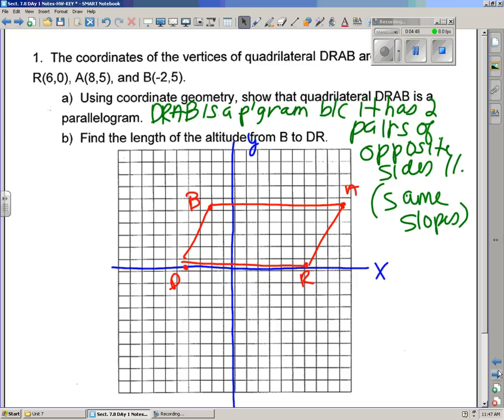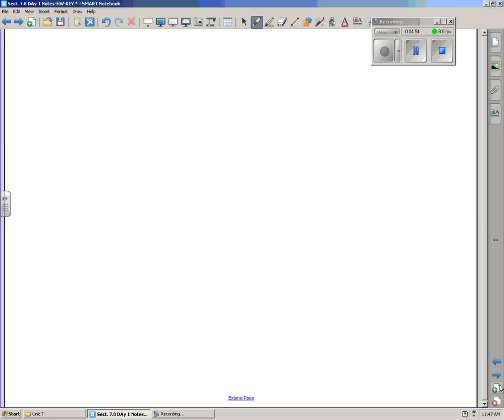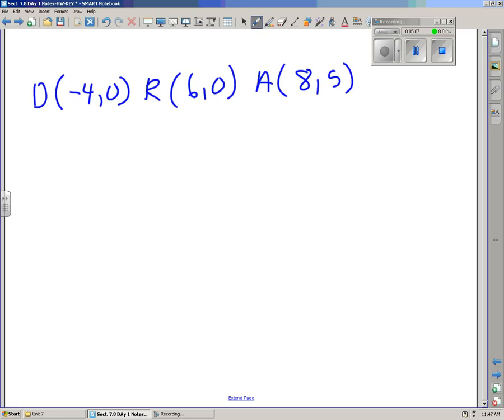Now I actually have to do the math. So I'm going to get a clean sheet of paper here. And I know that D is -4, 0, R is 6, 0, A is 8, 5, and B is negative 2, 5.